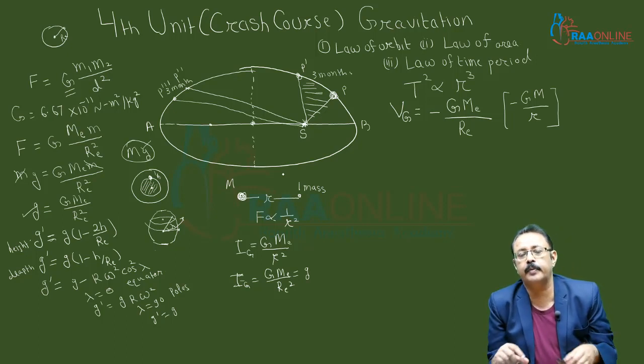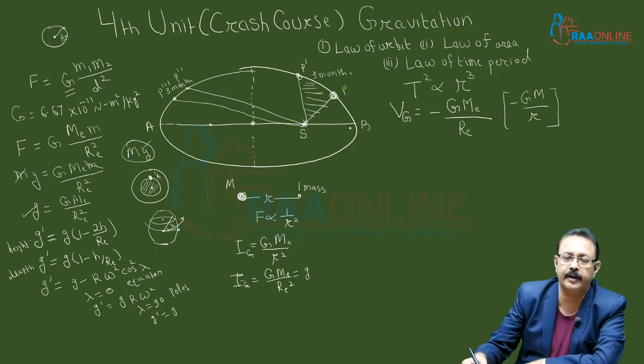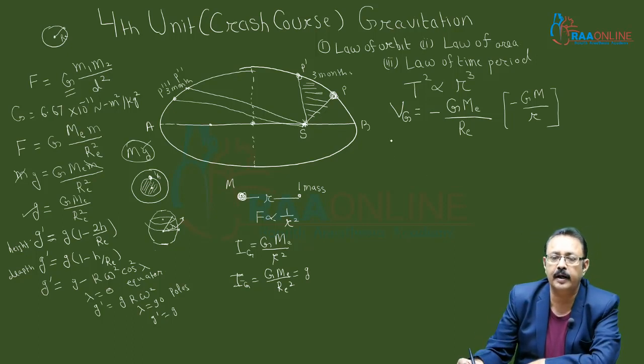So the work done in bringing a mass m from infinity to a point in the gravitational field is known as gravitational potential energy. So it will be m times this. If you are talking about Earth, it should be this, or in general, it should be this.